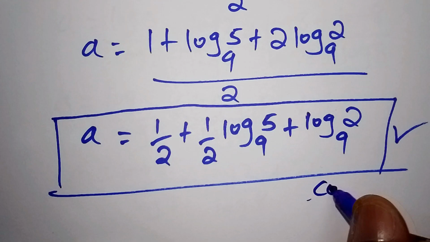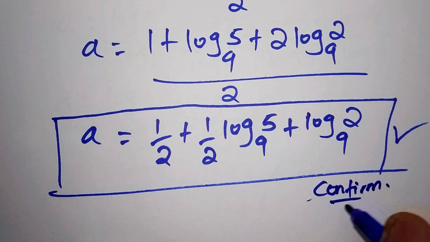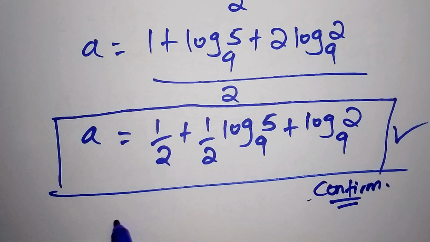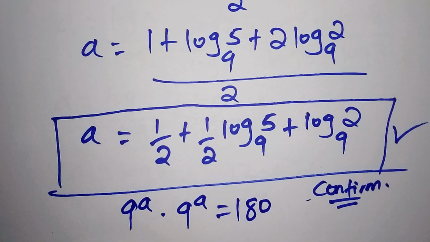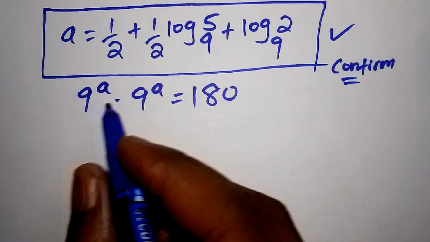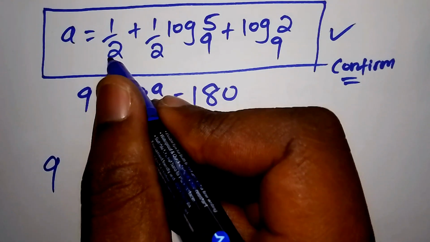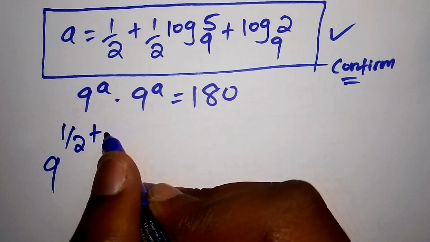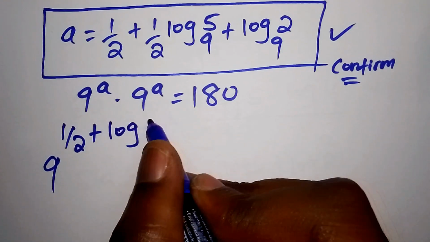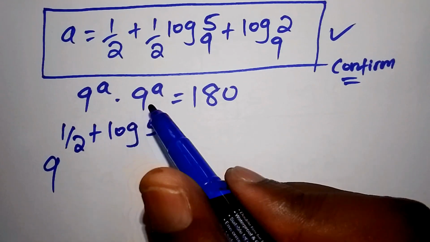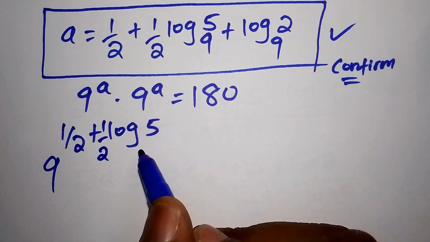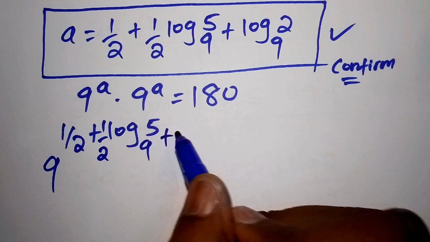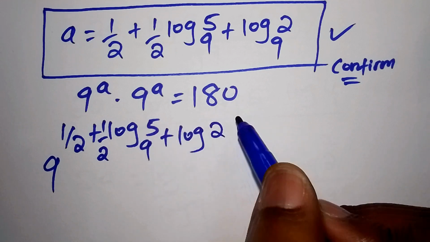So you can still confirm it very fast. Let's bring the maths problem that we were to work out. So we had 9 to the power of a, multiplied by 9 to the power of a, is equal to 180. So instead of 9 to the power of a, we shall write it as 9 to the power of a half plus a half the log of 5 to the base of 9, plus the log of 2 to the base of 9.